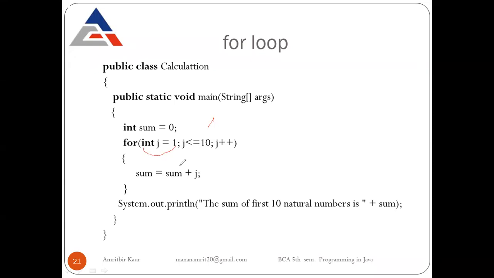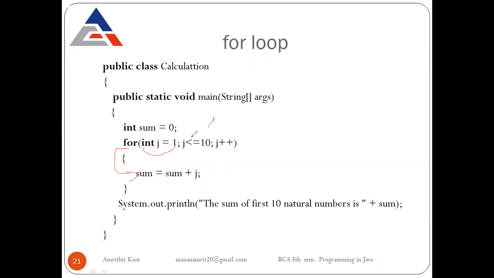We know that our loop will be executed till 10. So j will be true as long as it is less than or equal to 10. That's why the condition is written here: j is less than or equals to 10. Then we increment our j variable for the next time. So firstly j is 1, the condition is true, the for loop will be entered, and the body will be executed.